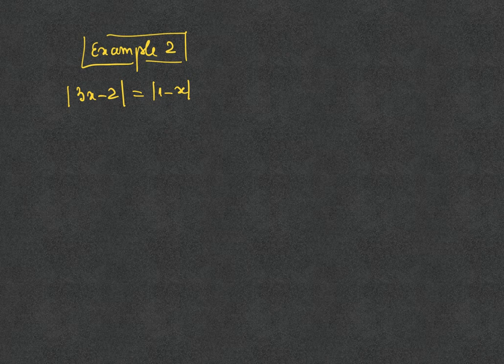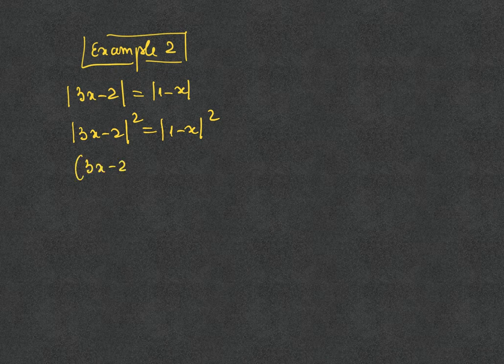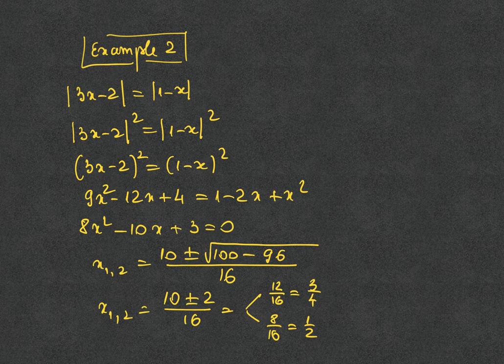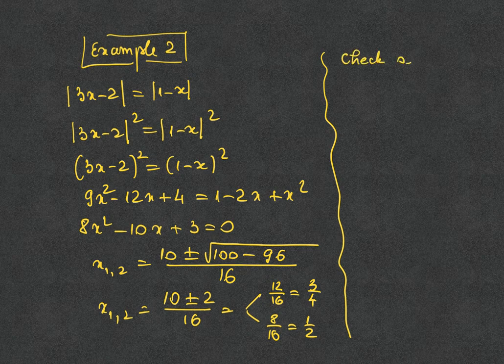So squaring absolute value of 3x minus 2 and squaring 1 minus x means, as we saw before, that we get rid of the absolute value. Therefore, we'll manipulate quadratic equations. When solving the quadratic equation, that's what I got. So remember, at the end, we check the solutions. Whenever we square both sides, we check solutions because we might introduce new solutions.